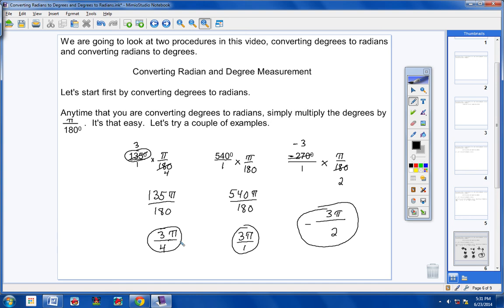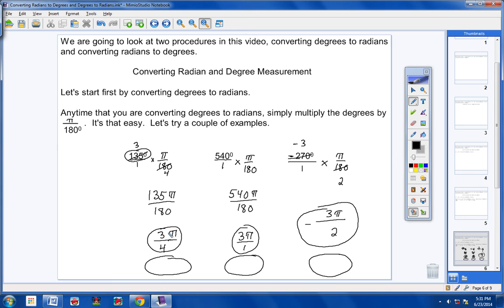Now, in your homework and on your tests and quizzes, sometimes I will ask you to write your answer in terms of pi, and sometimes I will ask you to write your radians with a decimal. Now obviously 3 pi over 4 is written in terms of pi, or in other words with pi. But what if I would have asked you to write this answer right here with a decimal? Well, students, it's so easy. We're going to use 3.14 for pi.